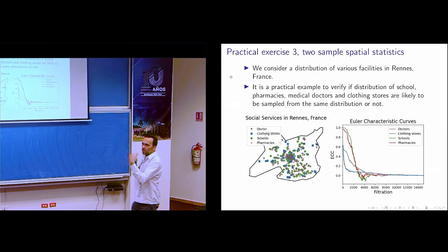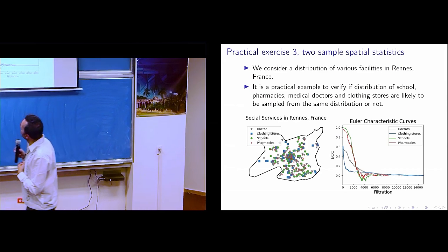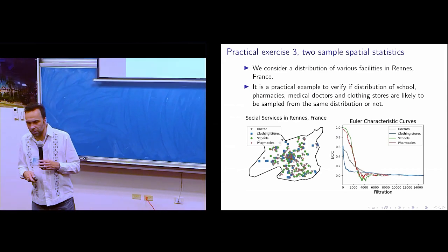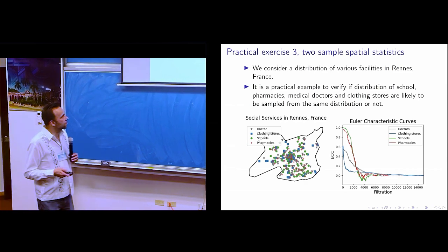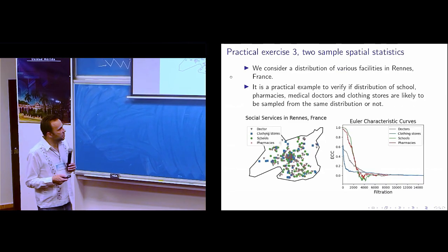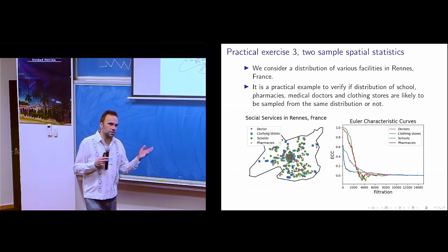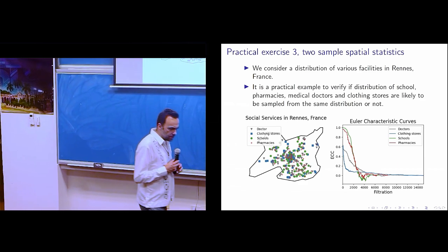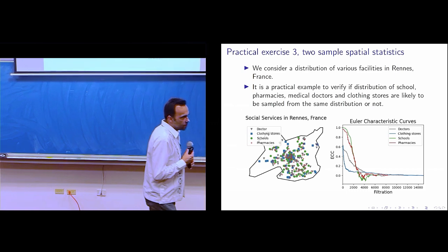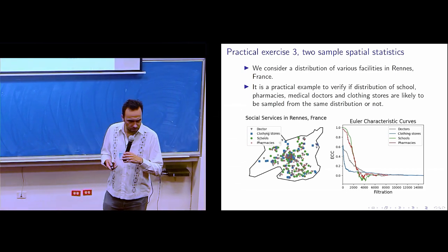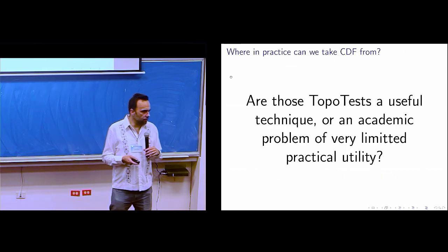So this is an example of when this machinery can be used in spatial statistics. It's a pretty general toolbox. You can install it and play. The spatial statistics is something which makes sense. But from my very pragmatic perspective, if you look at one sample tests, they kind of look fake. What do I mean by looking fake?